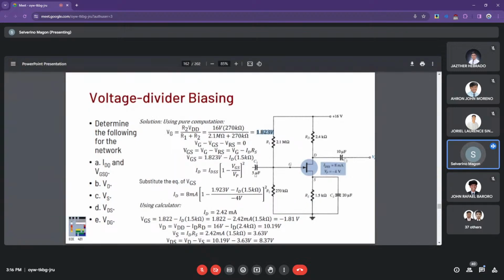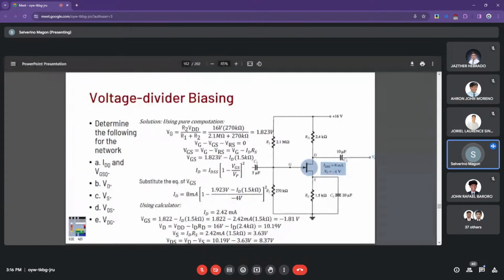So we can now go to Shockley's equation. And since we have two unknowns here, we just plug in the VGS expression here. We can plug in directly into Shockley's equation and come up with this second equation here, from Shockley, in which we only have the drain current variable remaining.